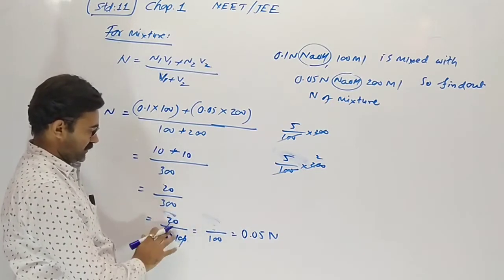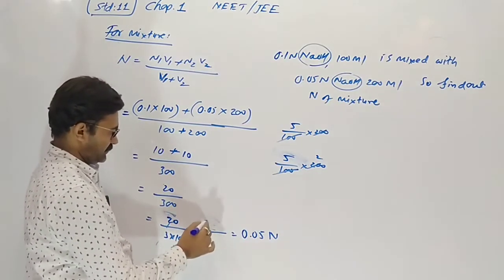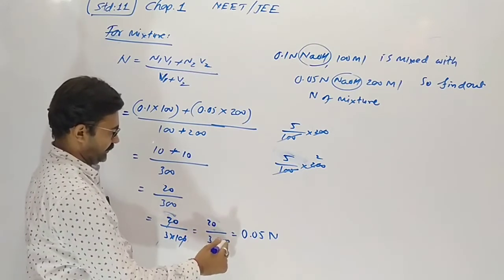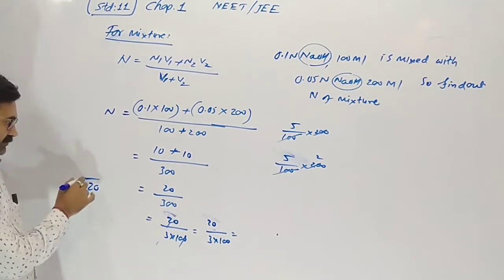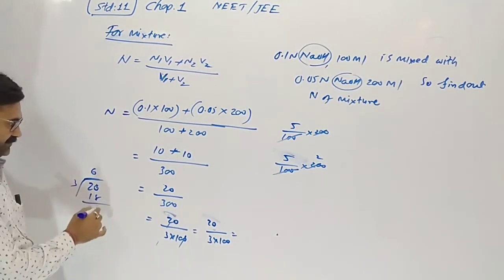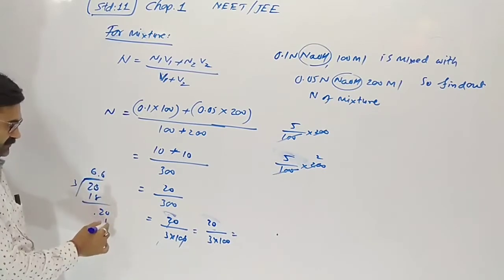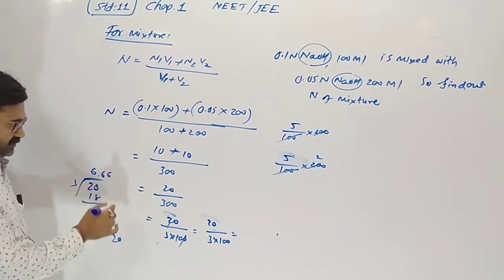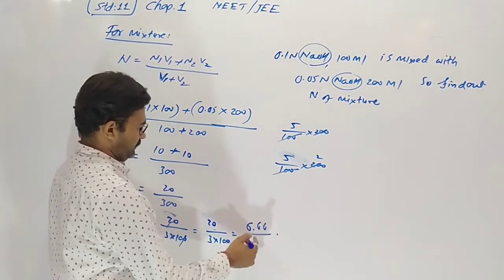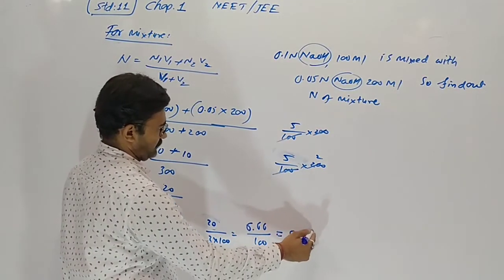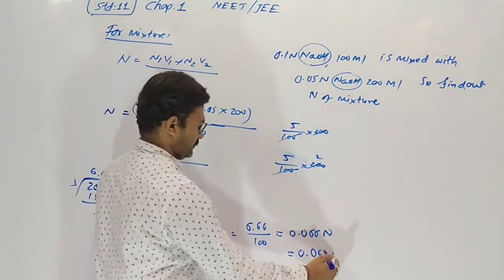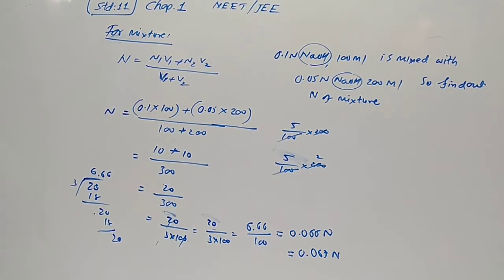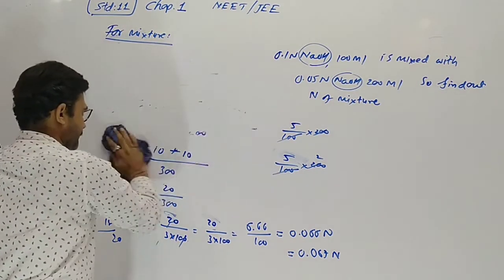First of all, 20 divided by 100, then 20 divided by 3. 3 6 18, 6.66. So the rounded-off value is 0.067 normal. Yes, this is our answer.